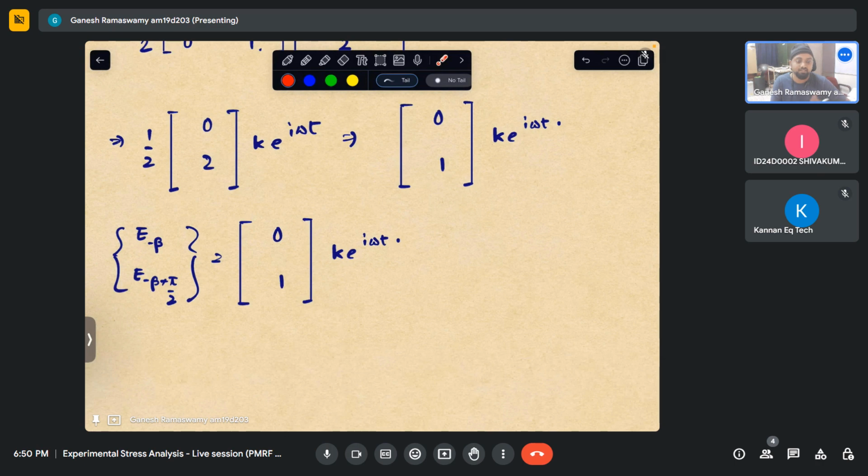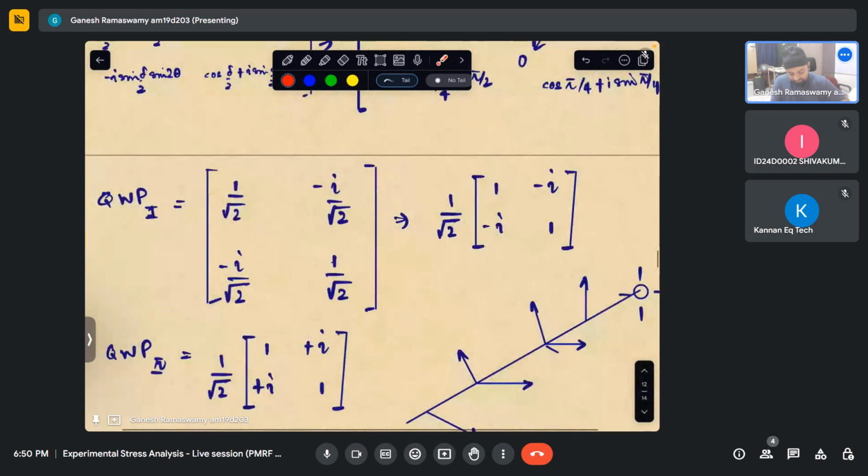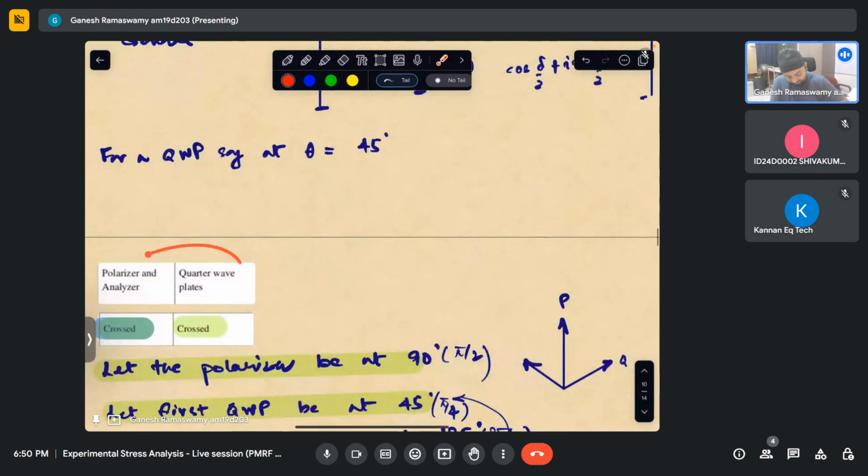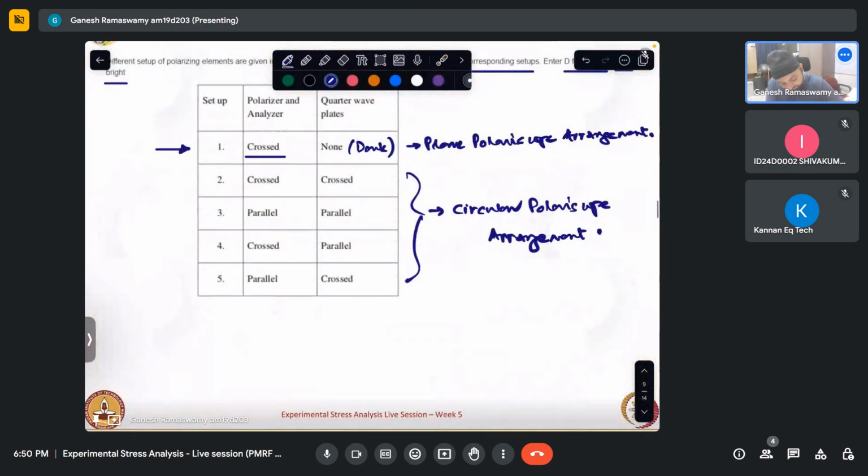In such a case, this combination, when both are crossed, gives me dark field. So this is a dark field arrangement.